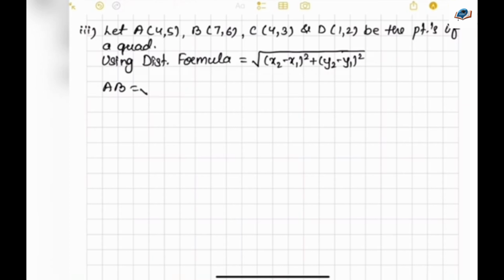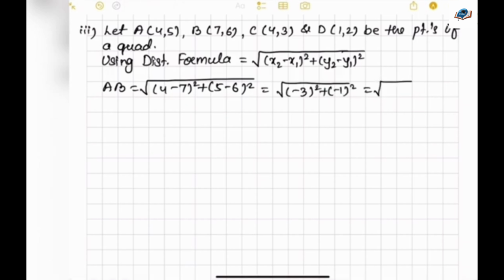So, AB will be square root of (4 minus 7) whole square plus (5 minus 6) whole square. So that will be equal to (minus 3) whole square plus (minus 1) whole square. So 9 plus 1. So that is coming as root 10.